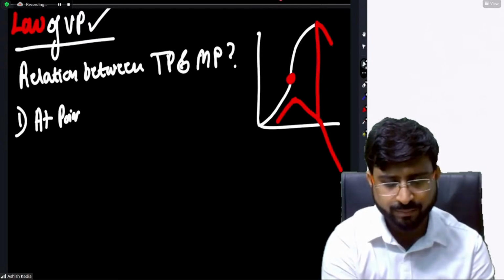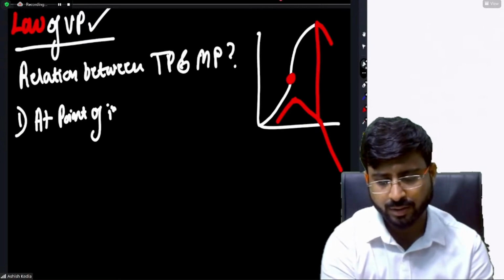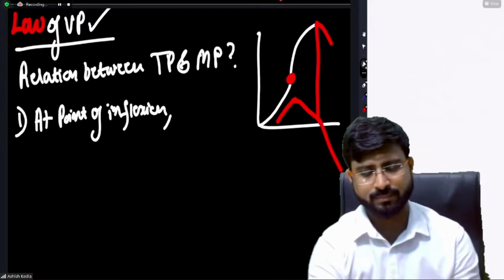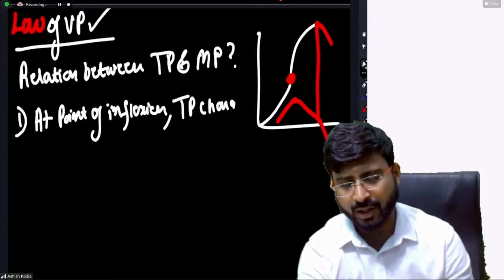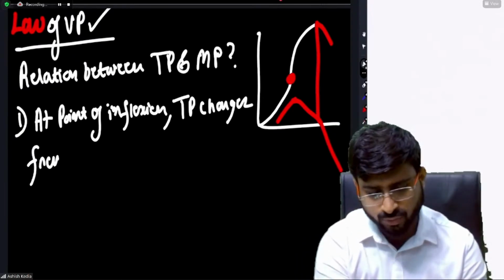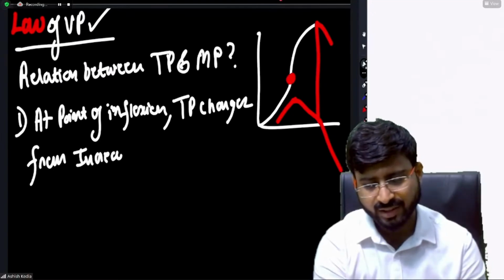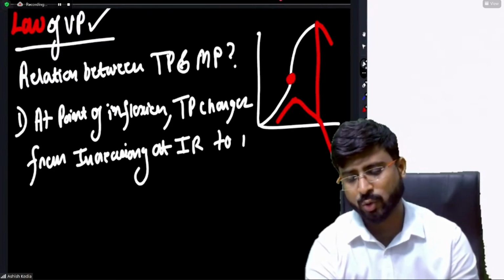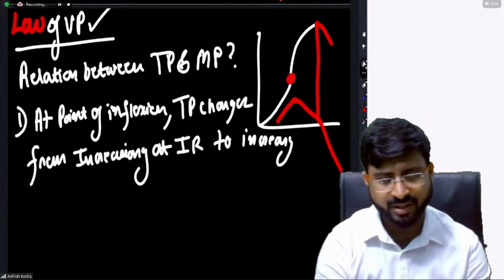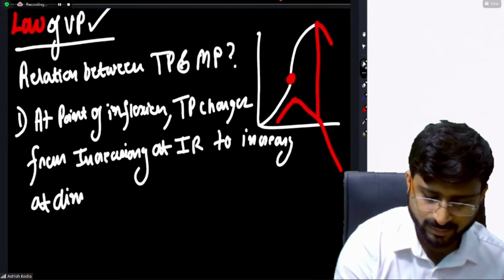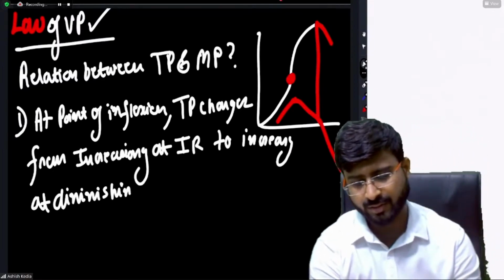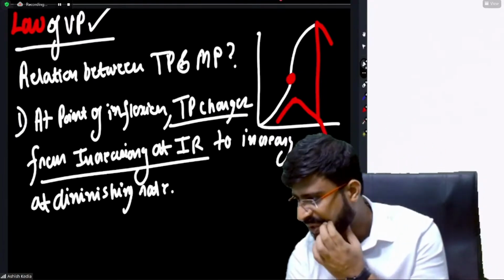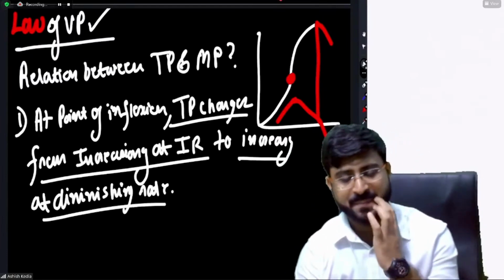At point of inflection, TP changes from increasing at increasing rate to increasing at diminishing rate.